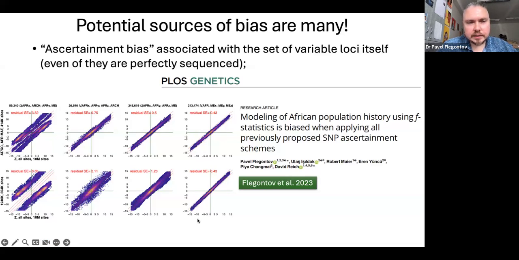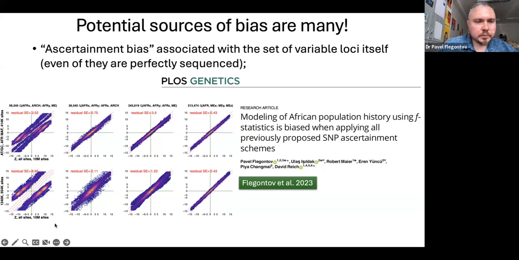On the x-axis, on all sites from shotgun data, and on the y-axis, either on 1240K sites without missing data in this particular set of individuals, or on AT or GC mutations that pass a certain minimum allele frequency threshold in Africans. But that's not so important here, to now pay attention to these details.